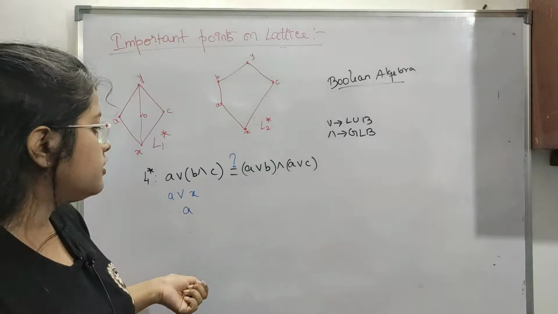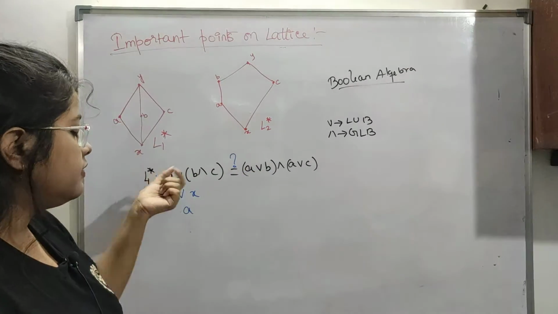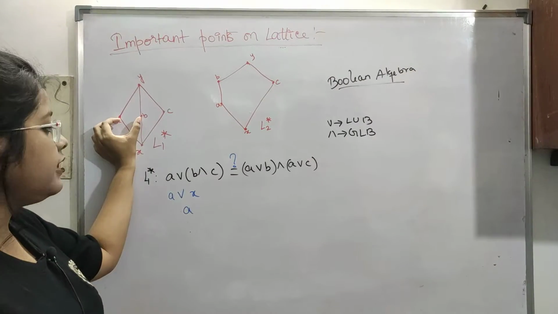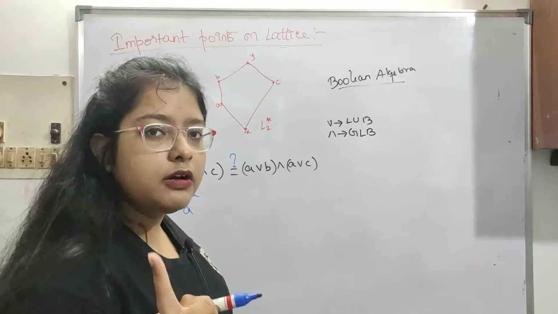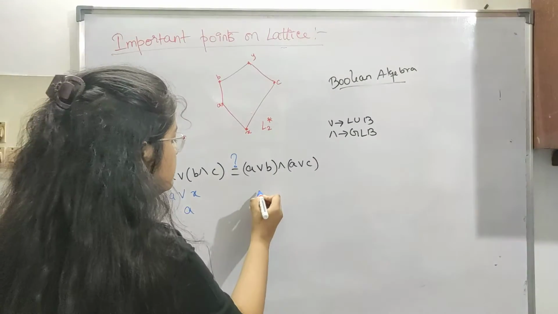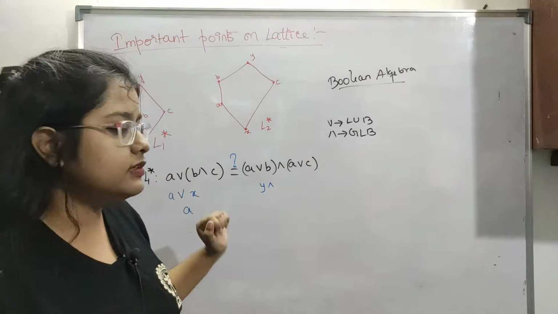Now let's see A LUB B. A is here, B is here, so the lowest upper bound of A and B is where they meet, at Y. Let's do this in the next step.